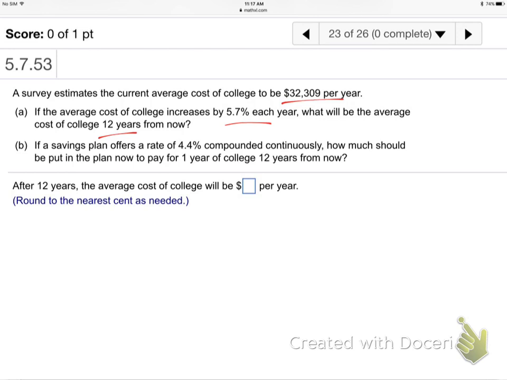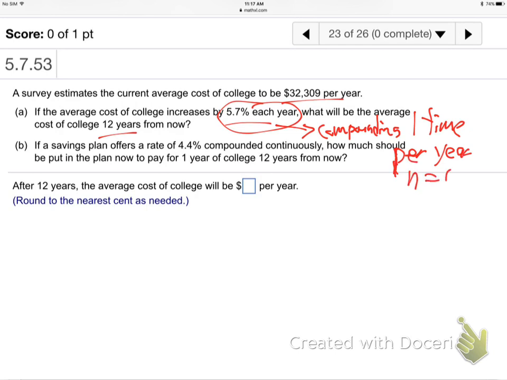When they say each year, that's compounding one time per year. N equals 1.